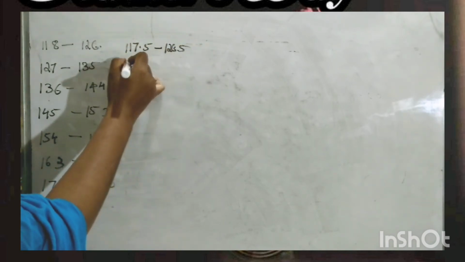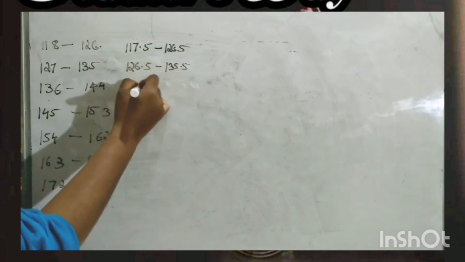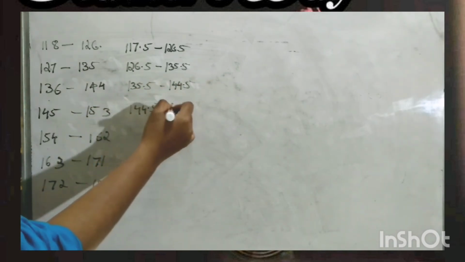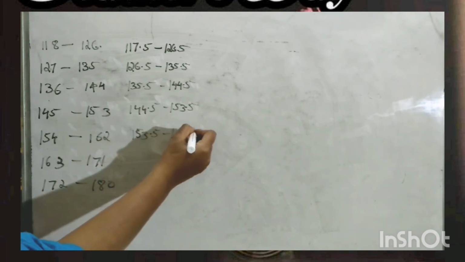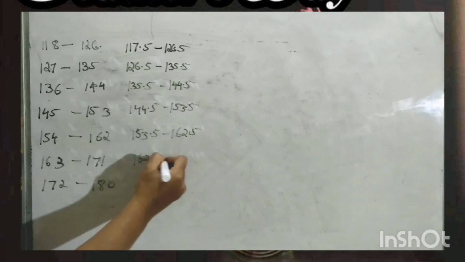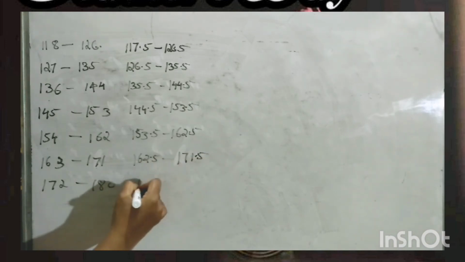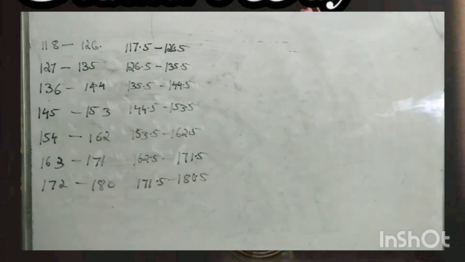So the new class intervals are 117.5 to 126.5, 126.5 to 135.5, 135.5 to 144.5, 144.5 to 153.5, 153.5 to 162.5, 162.5 to 171.5, 171.5 to 180.5. Okay, so these are our new classes.